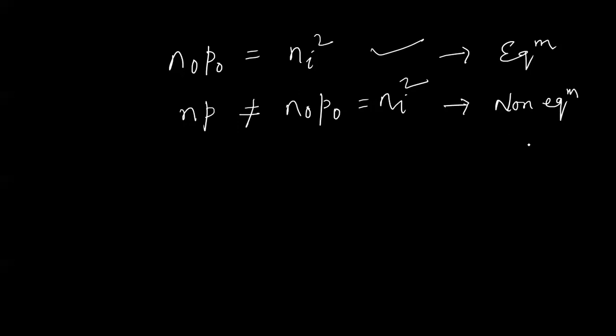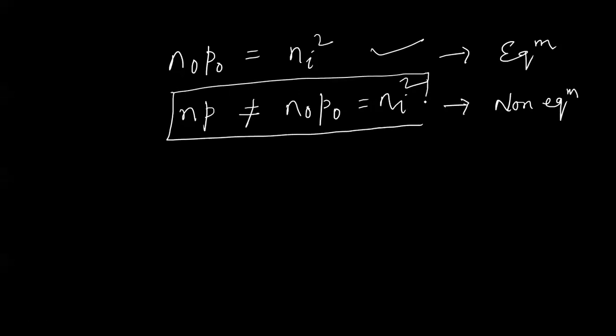So the excess electrons and holes violate the law of mass action, N0 P0 equals Ni square, which holds in thermal equilibrium.